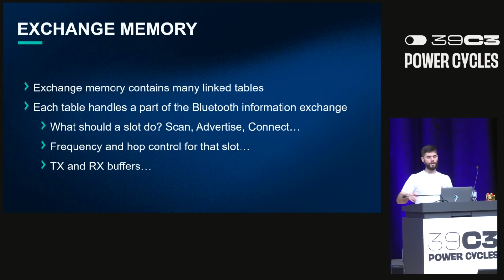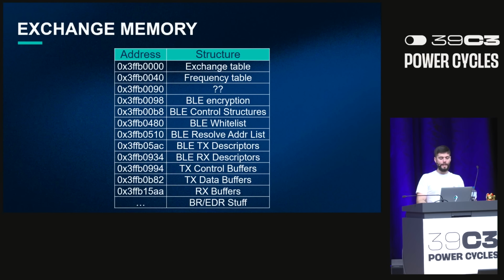There are tables for transmission and reception buffers. So it will be something like this, where we have a lot of tables for frequency, encryption, control structures which manage which operation should take place, whitelisting, TX and RX description, and then after that, the extended stuff, which is even bigger than what you're seeing.